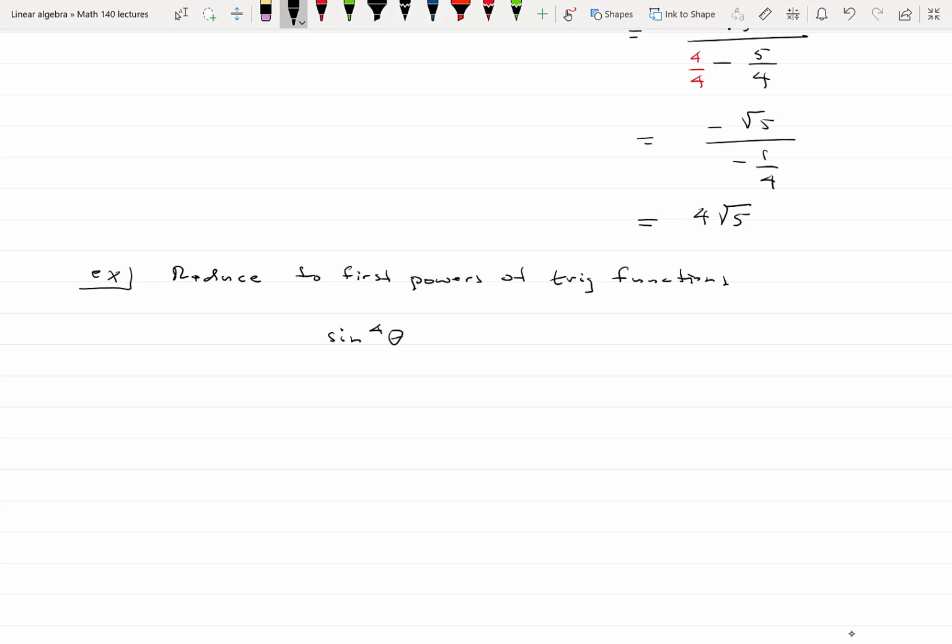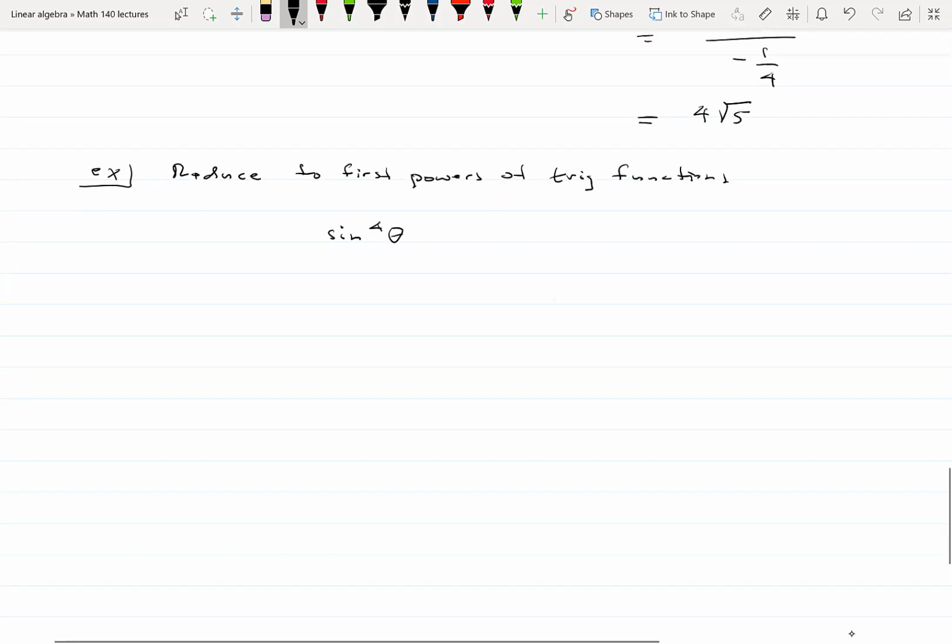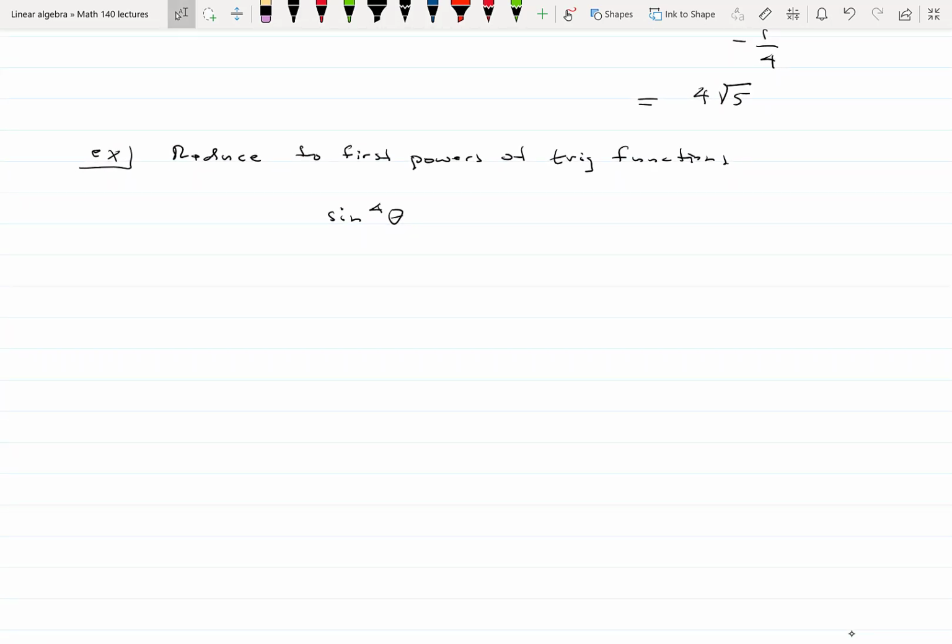It doesn't deal real well with the fourth power of sine, or any power of a trig function other than the first power. The process is very friendly to the first power of trig functions. So that's the reason why we want to reduce this somehow to the first power.